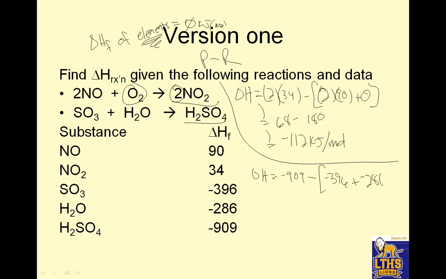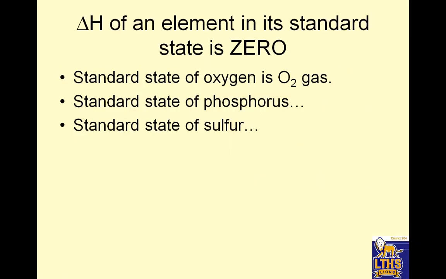I notice there are no coefficients, so I'm going to check if this is balanced: 4 oxygens, 1 sulfur, 2 hydrogens. Now with my calculator, negative 909 minus quantity negative 396 plus negative 286, and I get negative 227, which is a really bad TV show in the 80s. Maybe it's a good TV show, not quite sure.